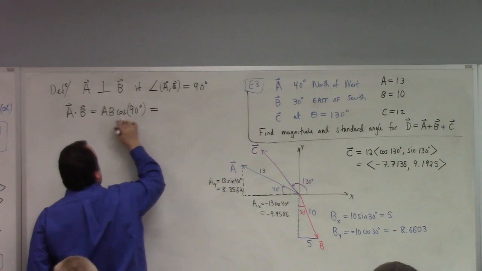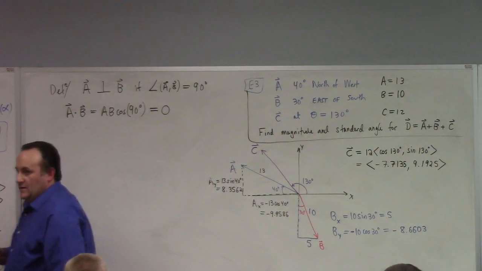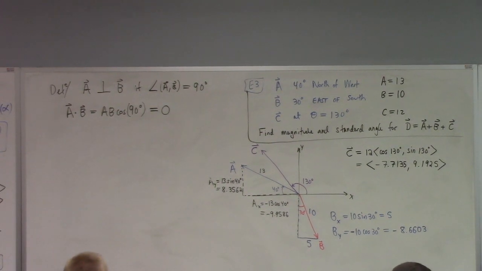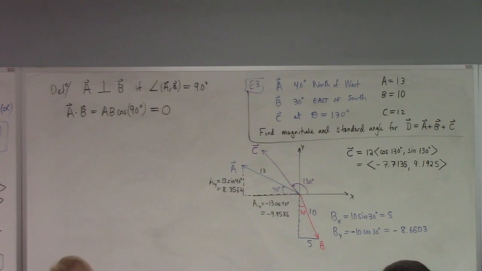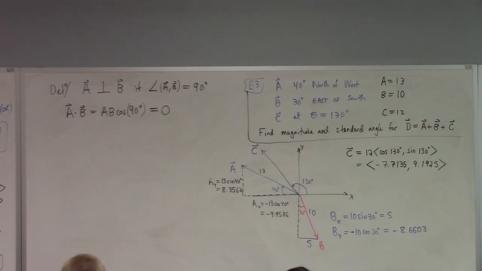It is 0, right? So two vectors are perpendicular if their dot product is 0. So we can measure perpendicularity of two vectors by testing if the dot product is 0. That's nice.